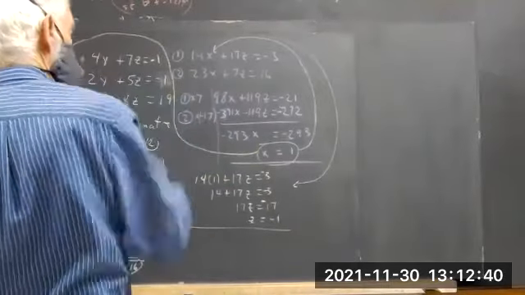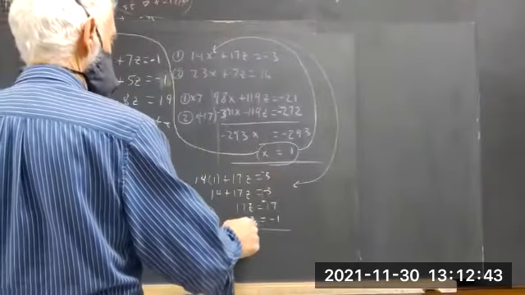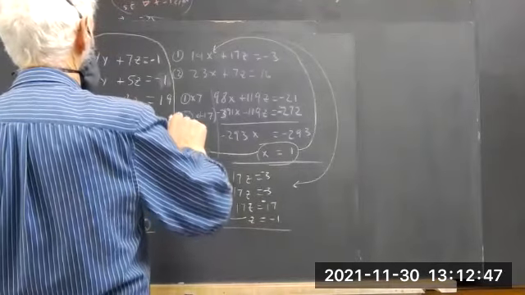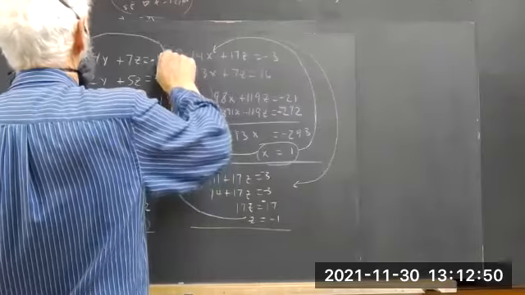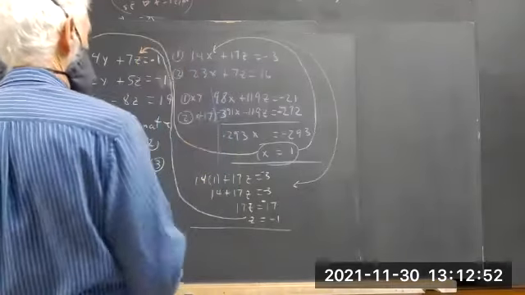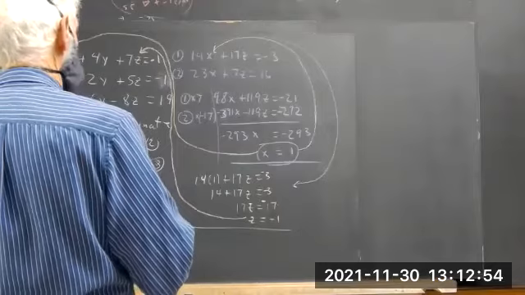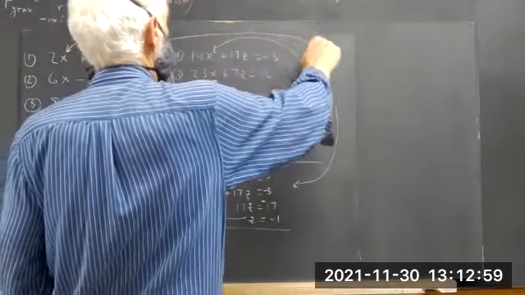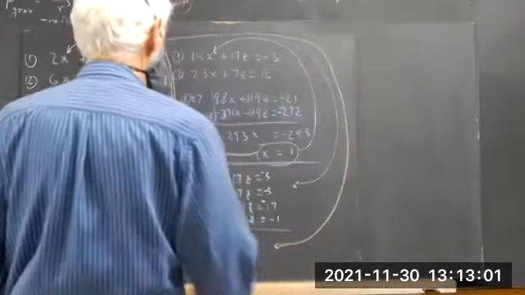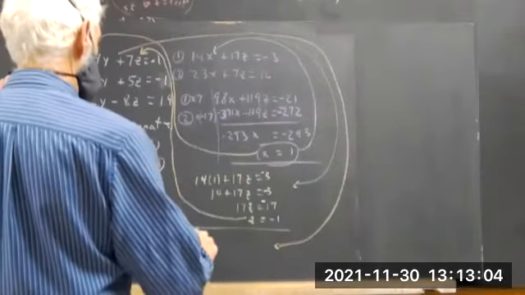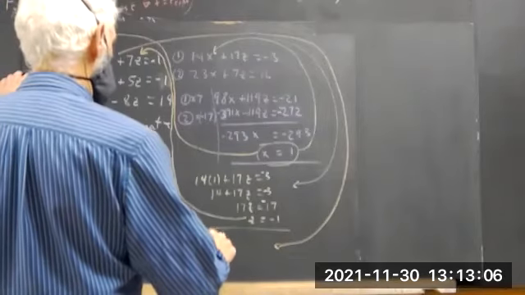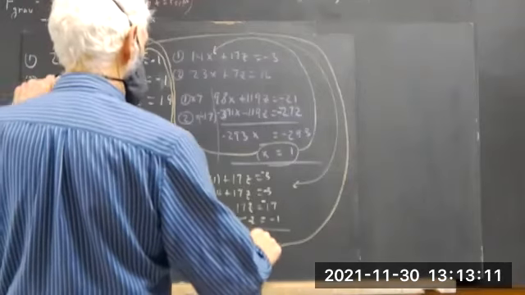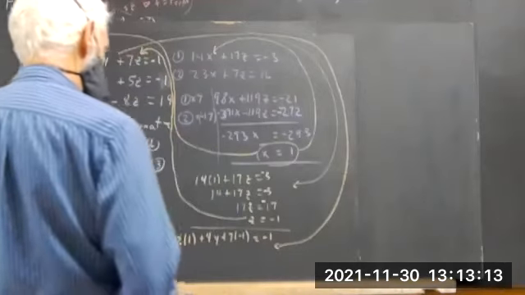And we plug 1 in for x, and we plug in negative 1 for z, and we get the equation two times 1 plus 4 times y plus 7 times negative 1 equals negative 1.